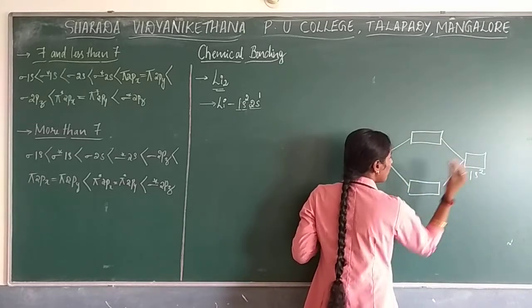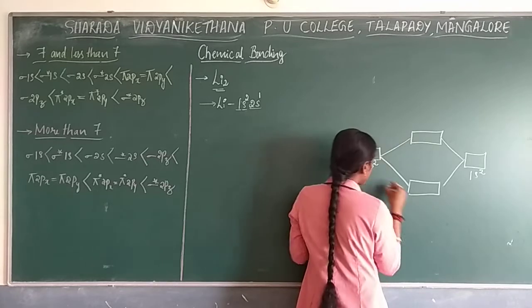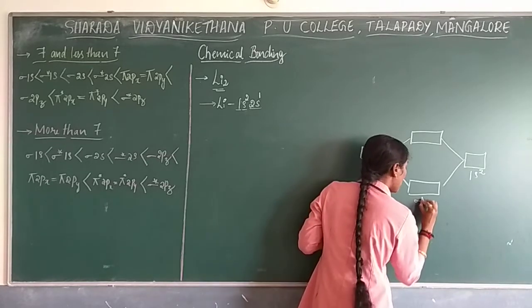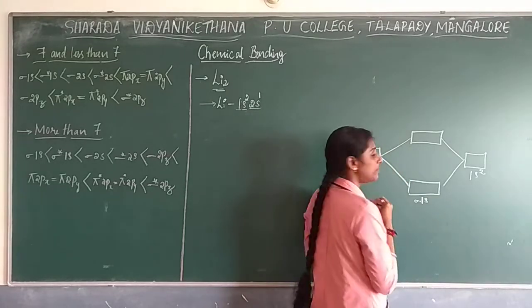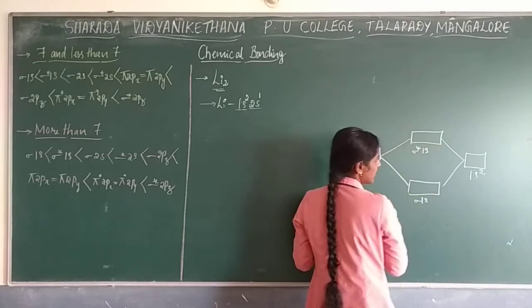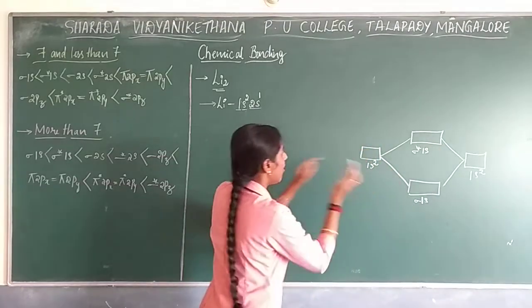Now the bonding orbital will be represented, as I told, s orbital in the sense is sigma. So it is sigma 1s, the lower energy orbital, and the higher energy orbital will be considered as sigma star 1s. Okay, so this is for the first.